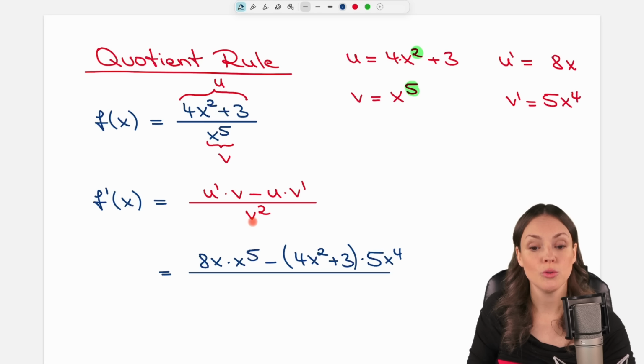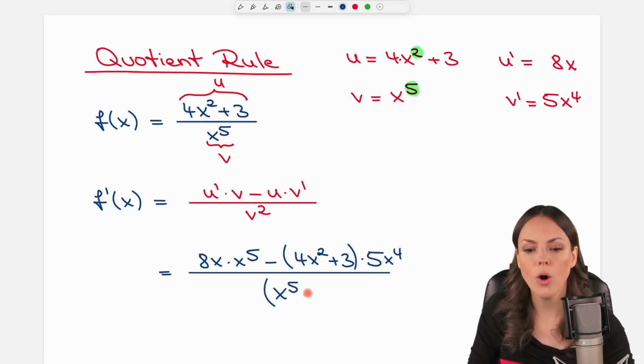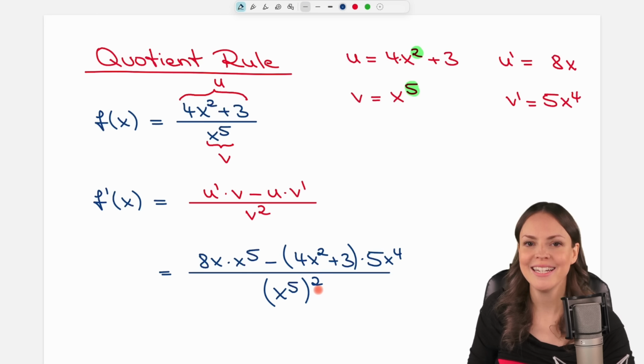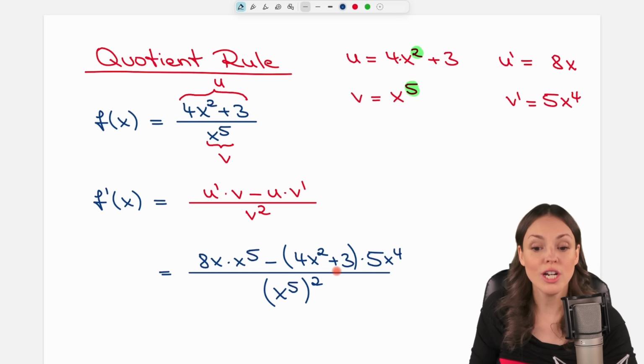Don't forget to square v in the denominator, so v was x to the power of 5, and this always needs to be squared. It's something you easily forget, but this is the quotient rule. And also here, of course, you have to simplify these things, but this in general is your derivative.